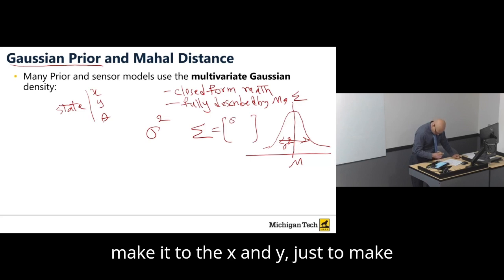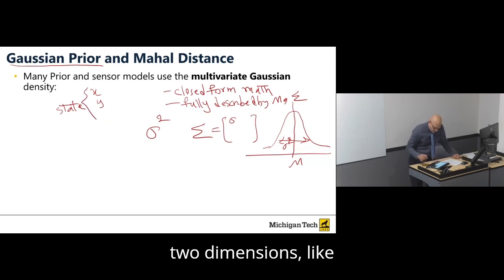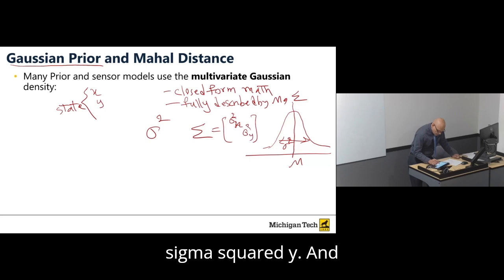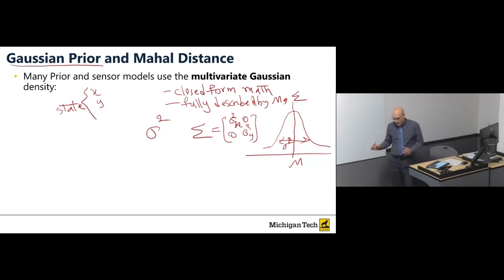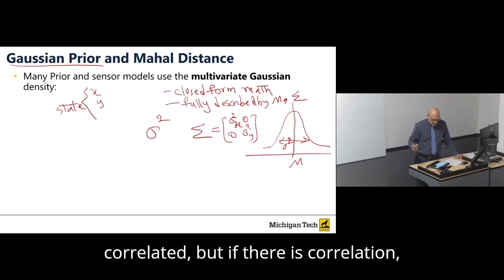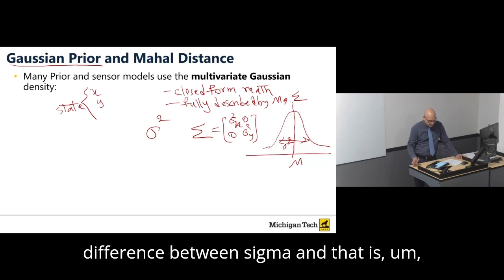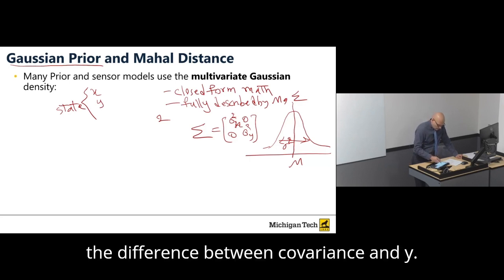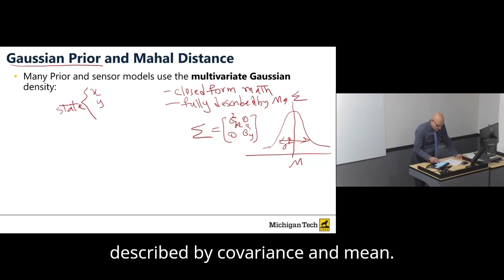For example, let's make it x and y: sigma squared x and sigma squared y. And the off-diagonal part is most of the time 0 if x and y are not correlated. But if there is correlation, that off-diagonal shows the correlation. That is the difference between covariance and variance. So anyway, fully described by covariance and mean.